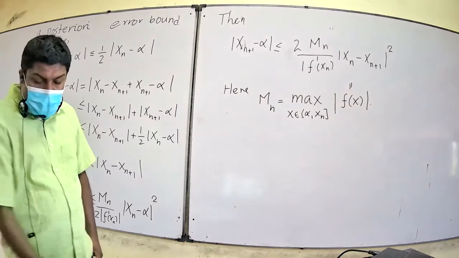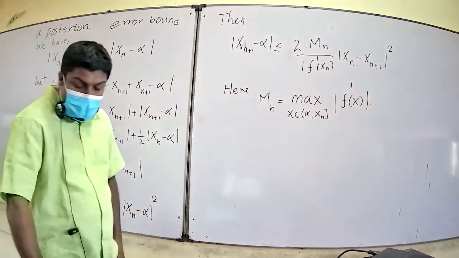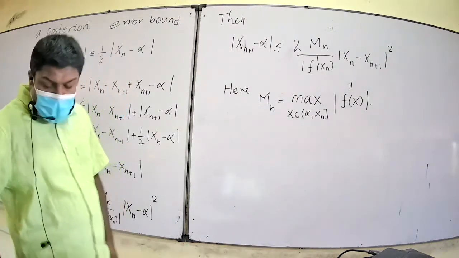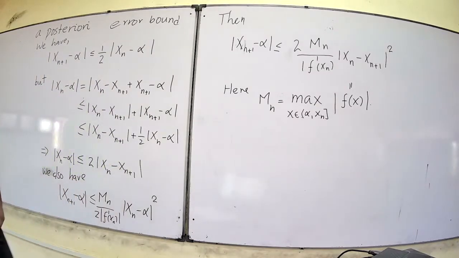So that's how we derive the error bound. This is known as the a posteriori error bound.